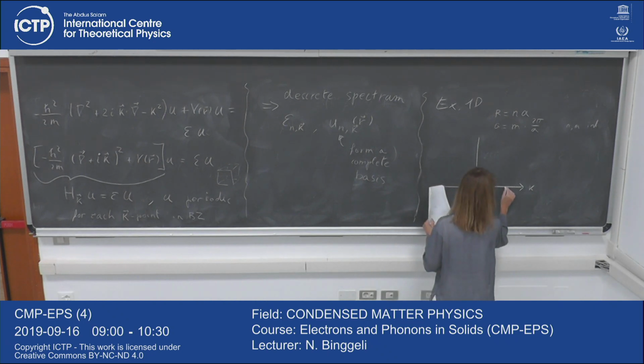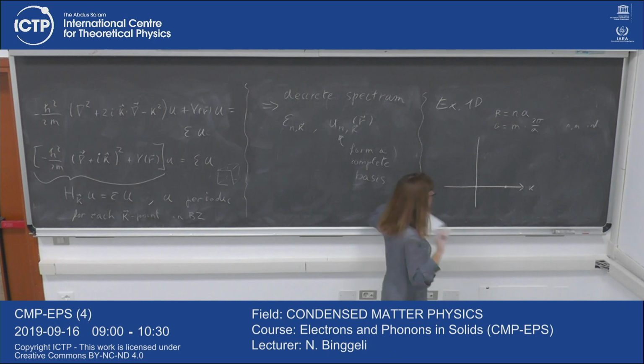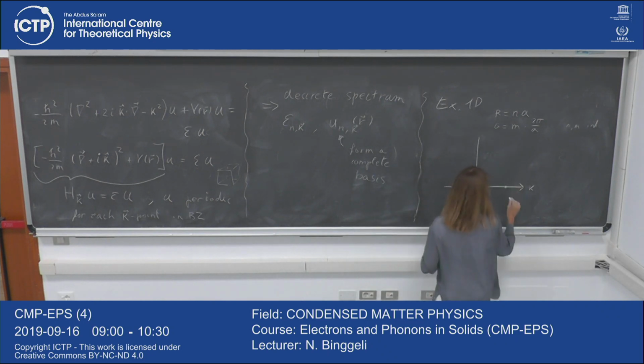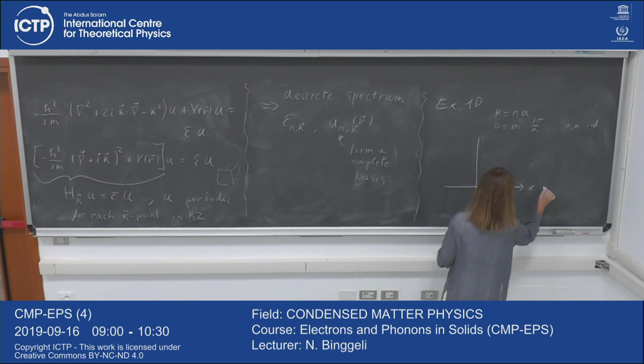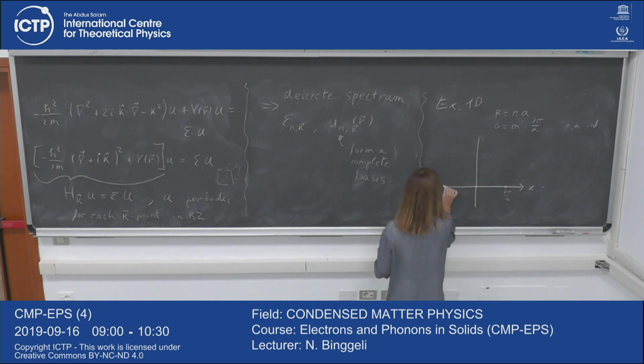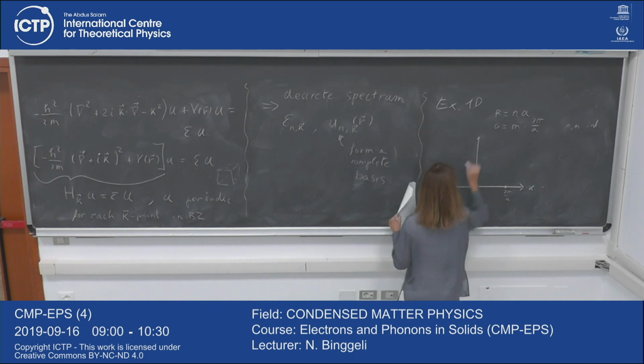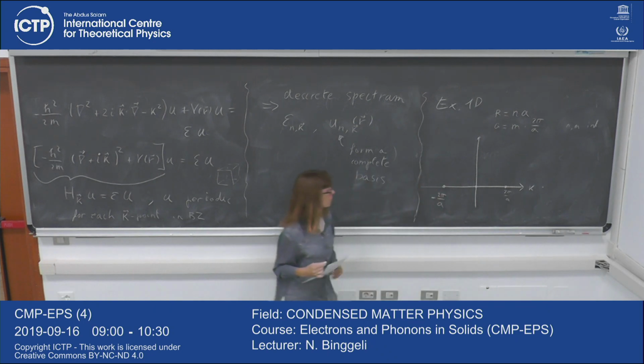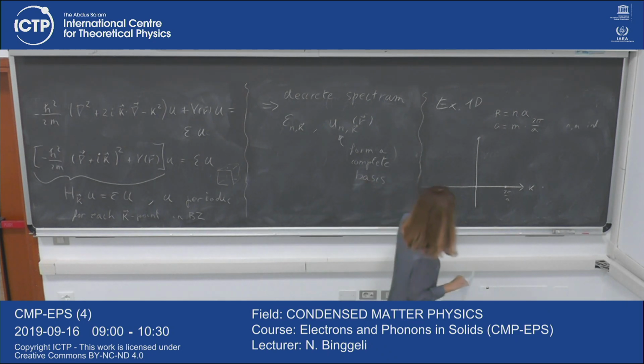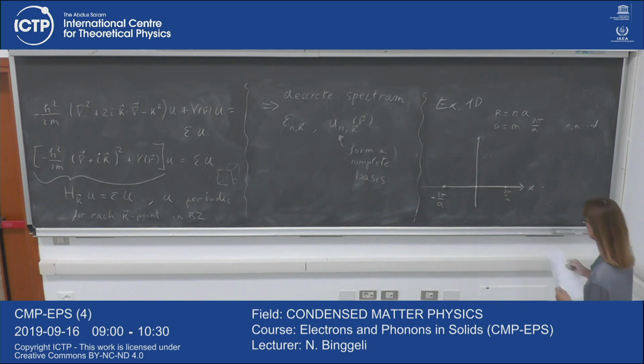I have my first G vector that corresponds to 2 pi over a, then I have the next one here, and I have here minus 2 pi over a. So along my axis these are the reciprocal points.